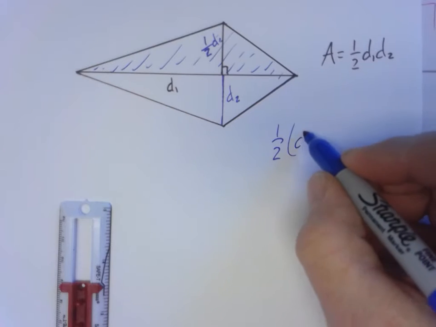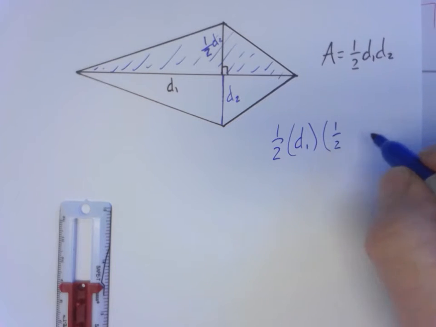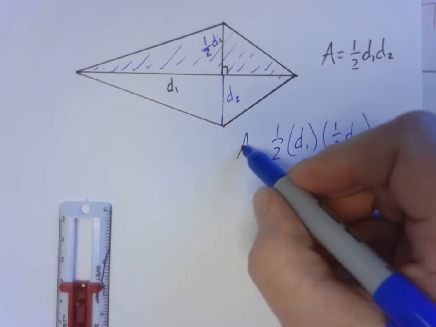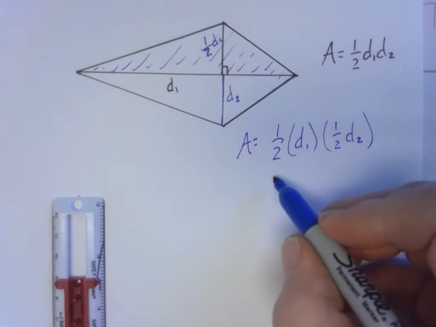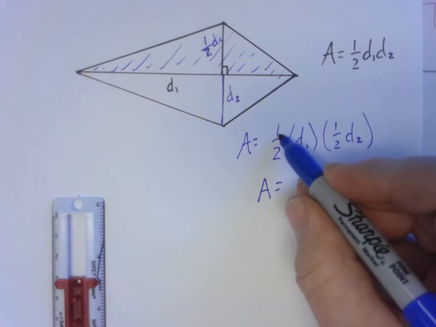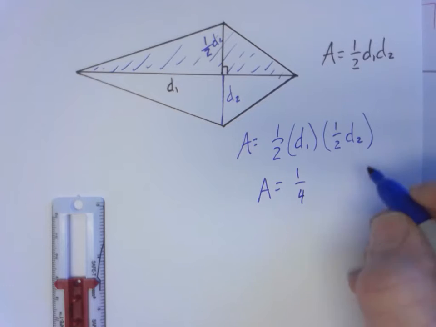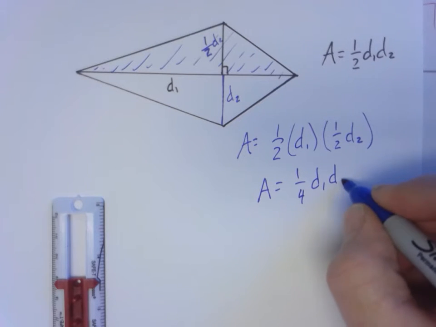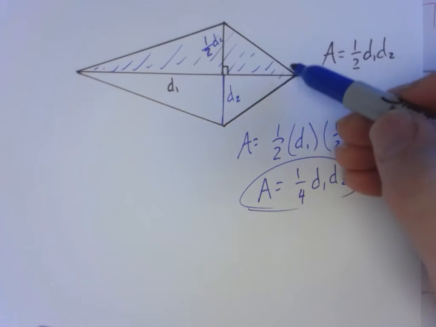Now the base is diameter 1, times the height, and the height is 1/2 of diameter 2. Okay, so the area of the part that I've got highlighted there in blue would be, well, let's see, 1/2 times 1/2 is 1/4 times diameter 1 times diameter 2. So there's the area of the top triangle up here.